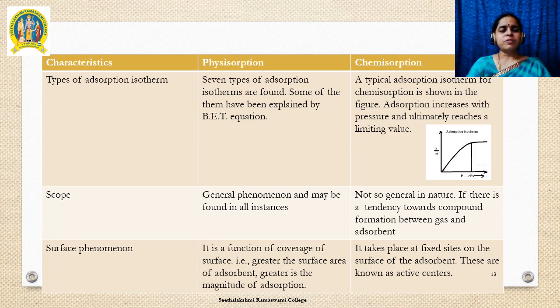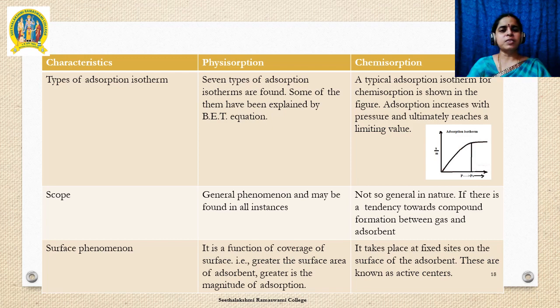Adsorption, especially physisorption, is a general phenomenon, and it takes place at all instances. Chemisorption occurs very rarely. It is not a general phenomenon. It occurs only if a compound formation between the adsorbent and adsorbate is observed. Physisorption is a function of coverage of surface area.